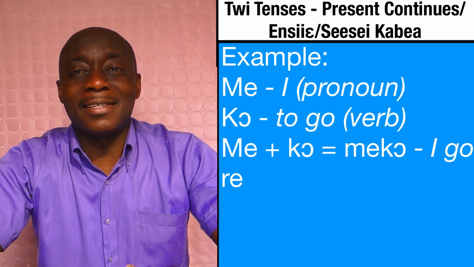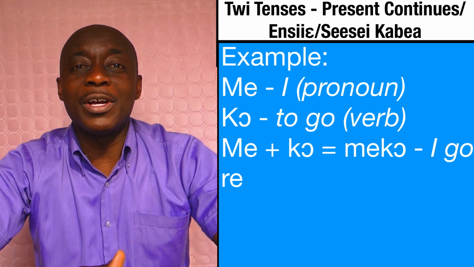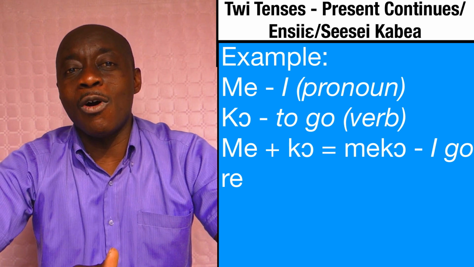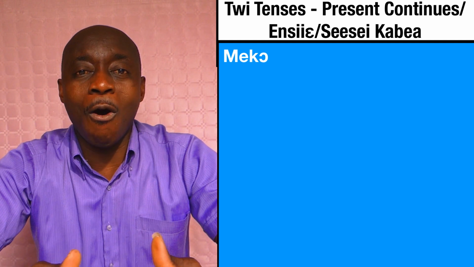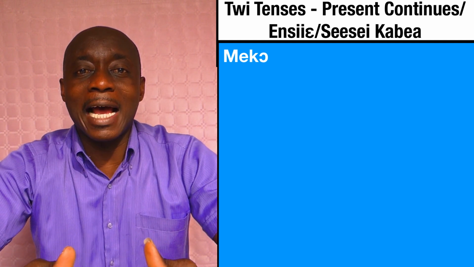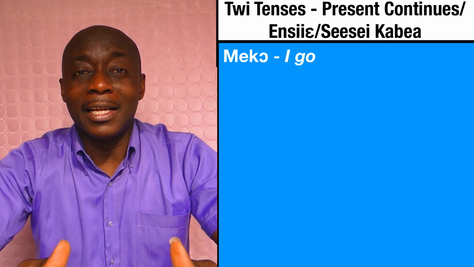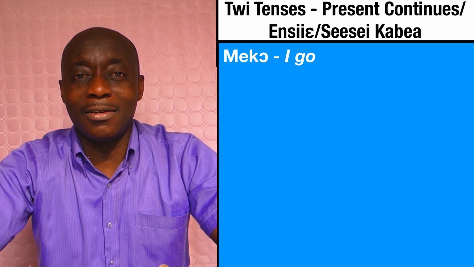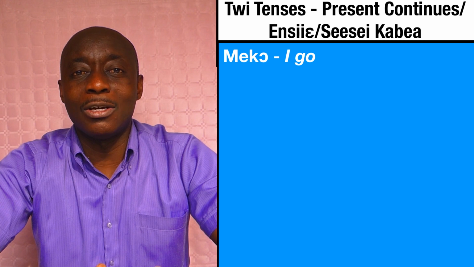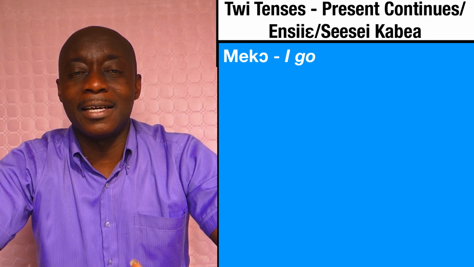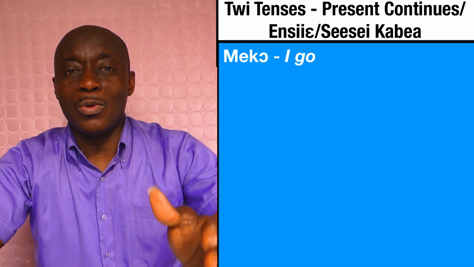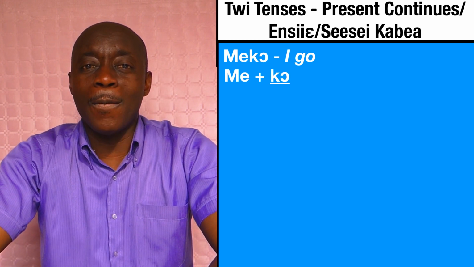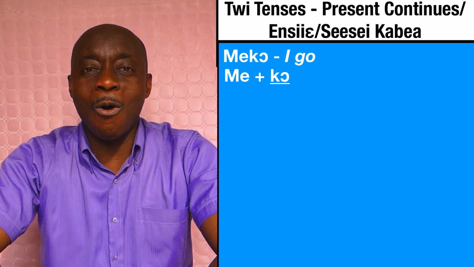So for instance, in the first lesson, we constructed a phrase like meko, that is I go. Now if you want to convert this from the simple present tense to the present continuous tense, this is what we will do. We will write me, but before we add ko, we will preface the ko with what?